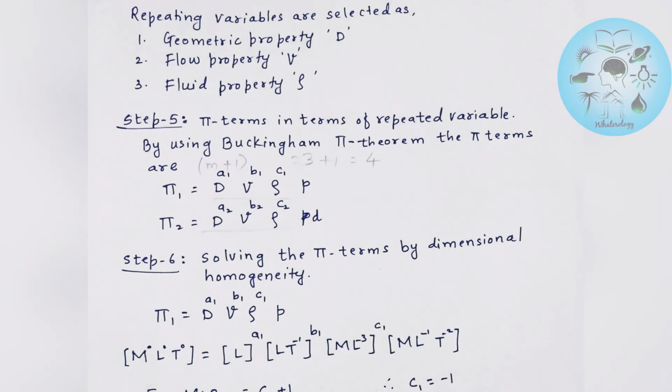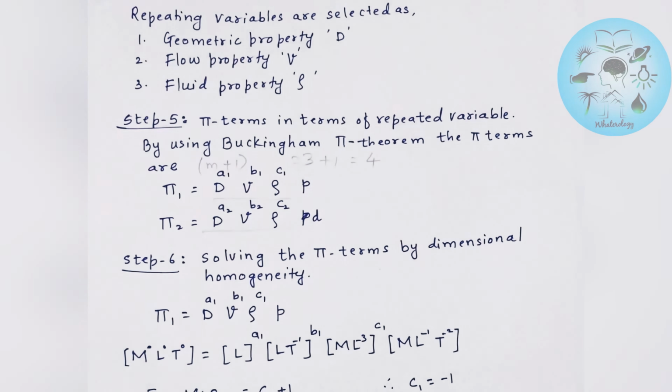When we take them together, it becomes plus form, so we add all those powers on the right hand side. That's why it is plus. In the third term there is L power minus 3, so minus 3 into C1 becomes minus 3 C1, and minus 1 is from the last term, L power minus 1.